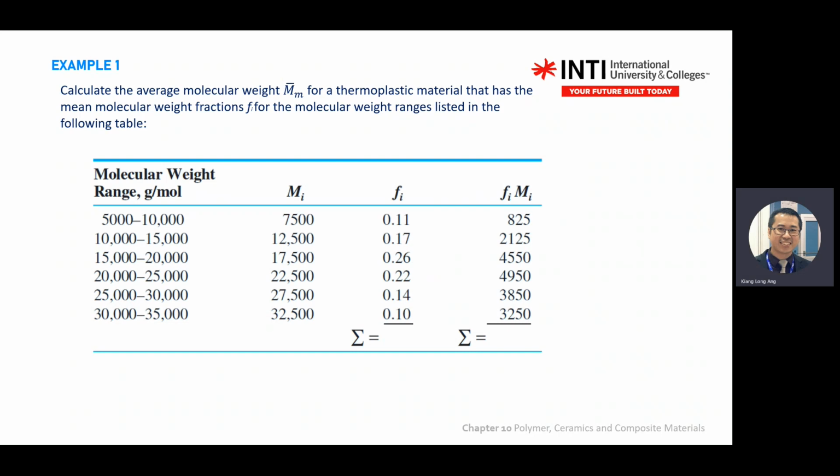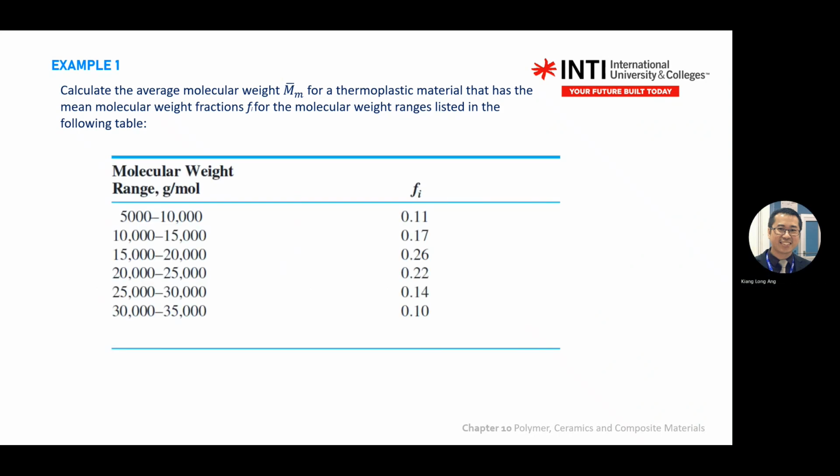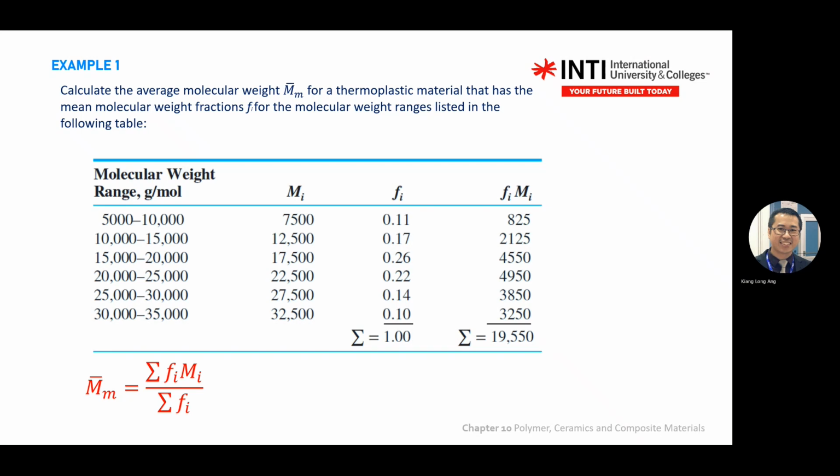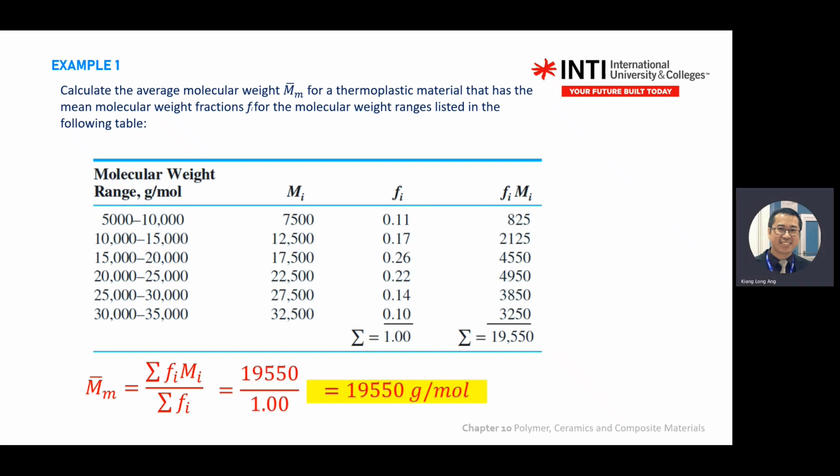You take this one divided by this one, you get the average. Fi is given in the question. It must give you something. Fi must be given. If not given, you cannot do it. Okay. Then you apply the equation. M equals this one divided by this one. Then you get the average molecular weight for this set of thermoplastic material.